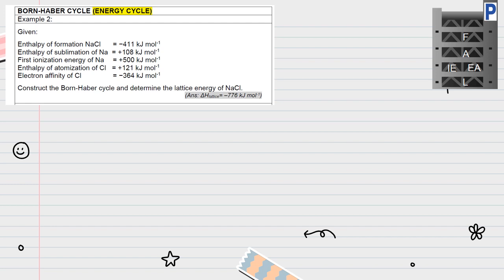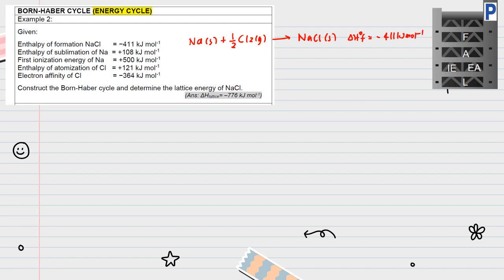Kalau I nak tulis balik dia punya equation equal to Na solid plus dengan half Cl2 gas produce 1 mole of NaCl solid. So dapatlah dia punya enthalpy formation delta H not F equal to negative 411 kJ mole minus 1.